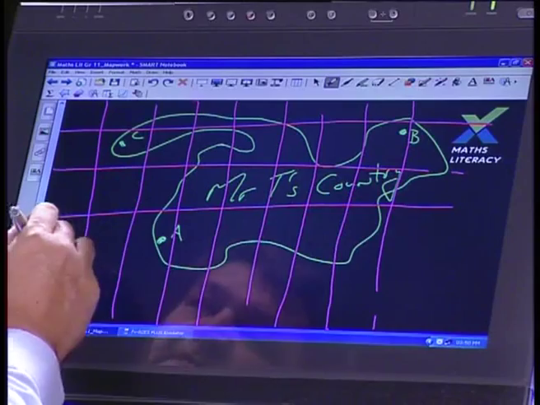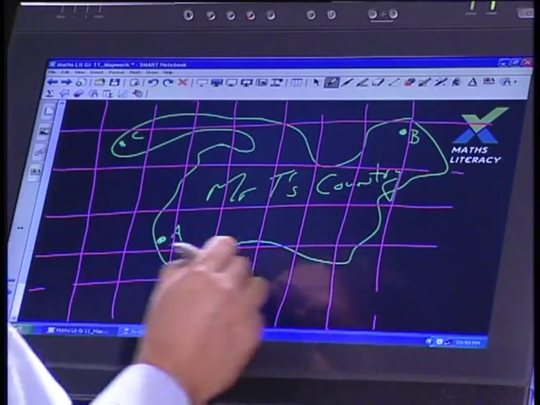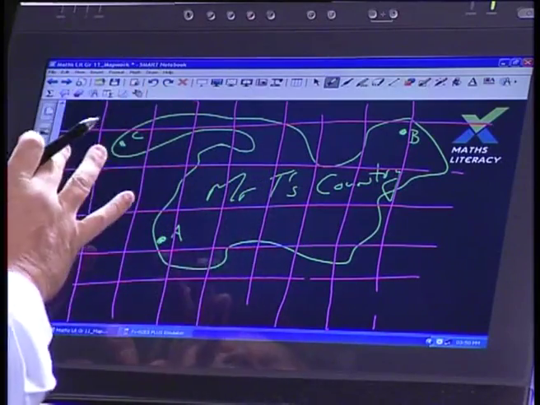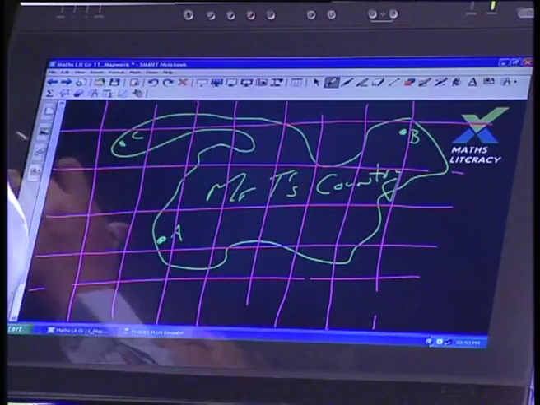Okay. Now, most maps have these grid lines. And these grid lines are put here so that it makes life easier for us to locate certain things, okay? Or locate certain cities, or locate certain places of interest. So we're going to look at these little blocks, and we're going to give each of these little blocks a name.